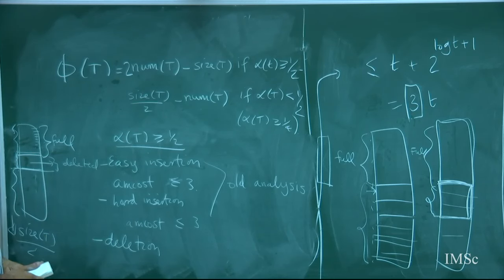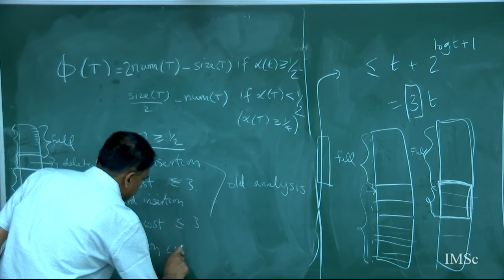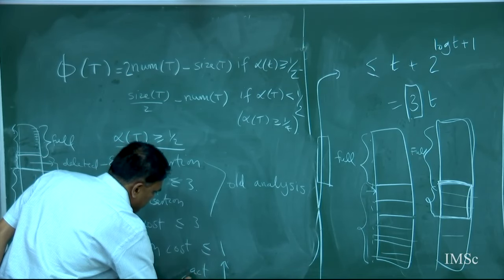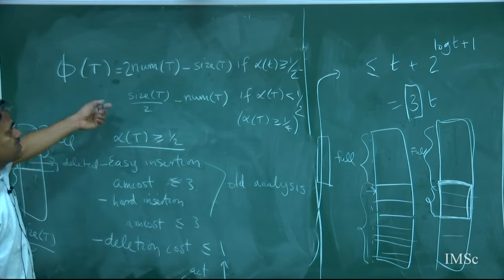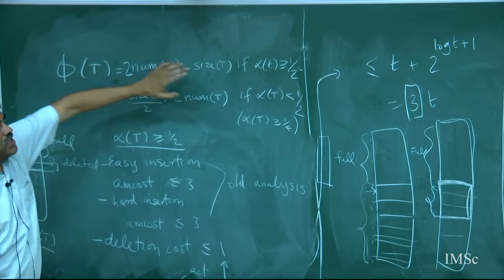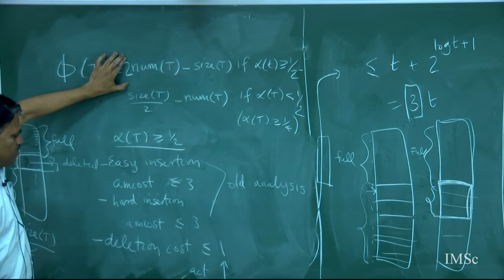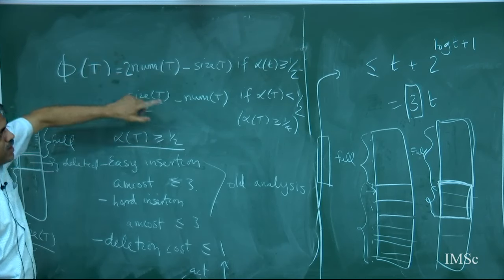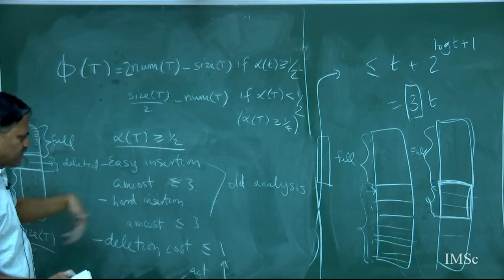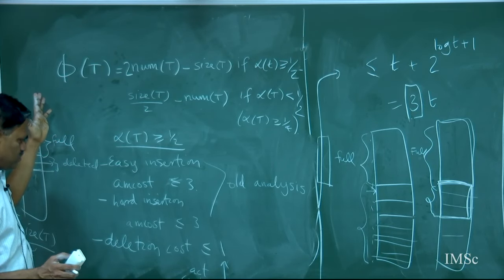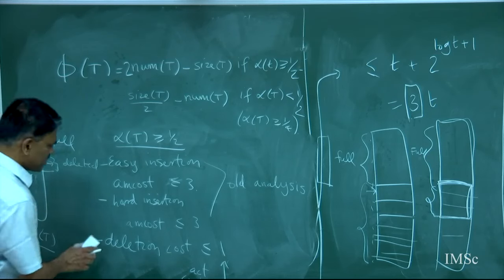When I'm doing deletion, the actual cost is that I'm deleting one element, and the potential size doesn't change, because alpha remains greater than or equal to half. Okay, but alpha may become less than half after the deletion, so I need to argue carefully.